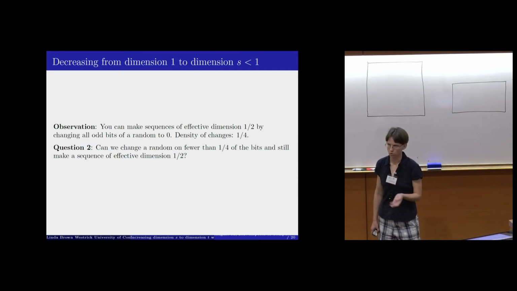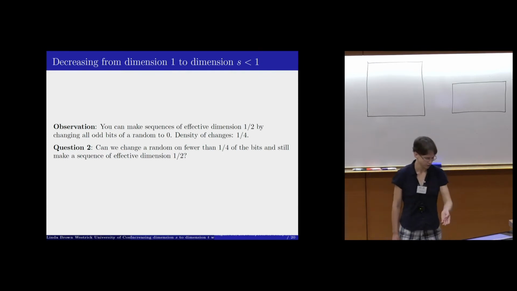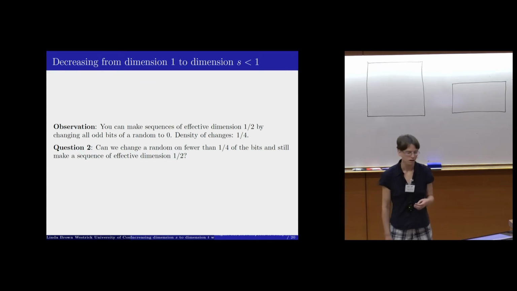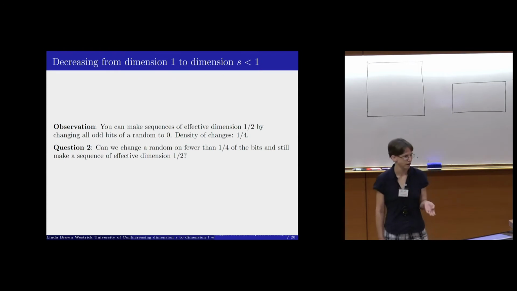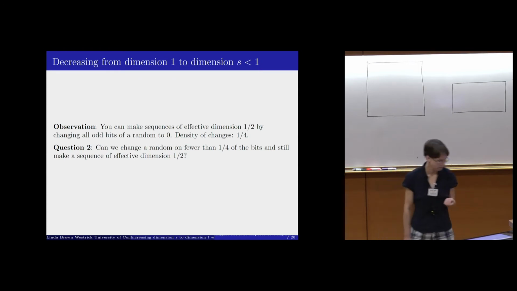So with density 1/4 of changes, you can turn a sequence of effective dimension 1 into a sequence of effective dimension 1/2. Then you could also ask, is that the best that we can do? What density of bits do we actually need to change on a random in order to get it down to effective dimension 1/2?